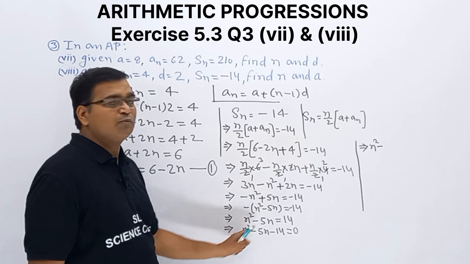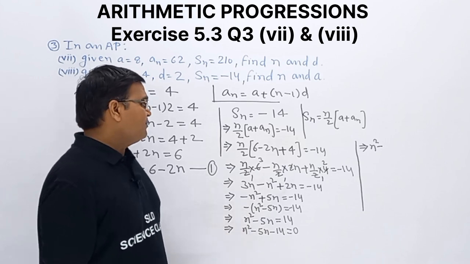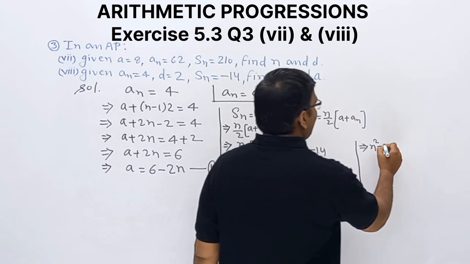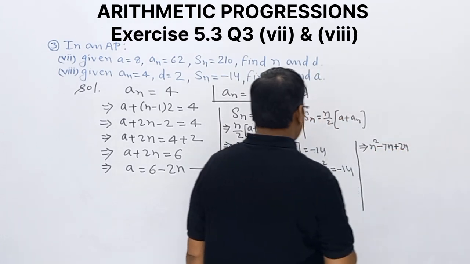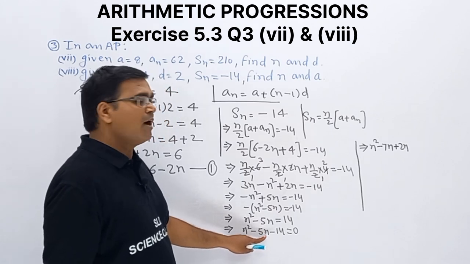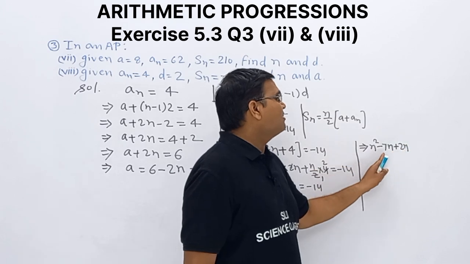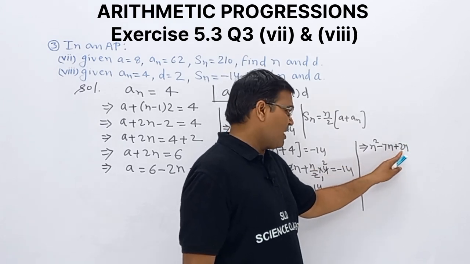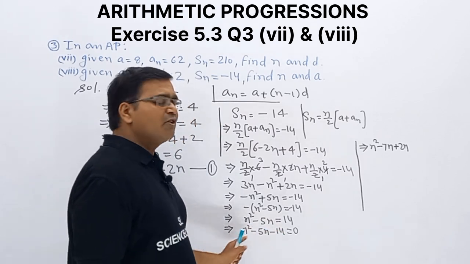So minus 7n plus 2n. Observe, minus 7n plus 2n is minus 5n, and the product of minus into plus, 7 times 2 is 14n square, and we require minus 14n square.